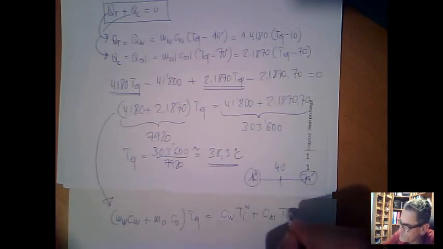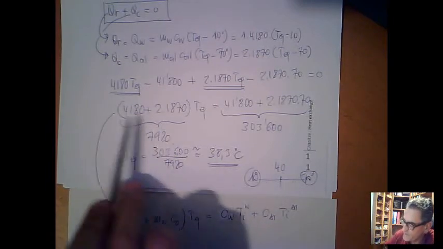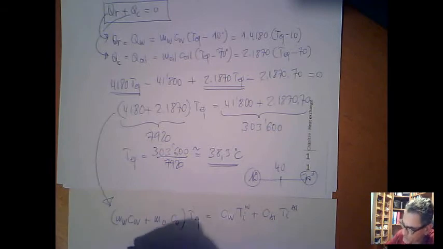The initial temperature of the water, the initial temperature of the aluminium. Okay? If I rewrite this equation in terms of my physical quantities it is this. Okay? And now we can follow what's going on.